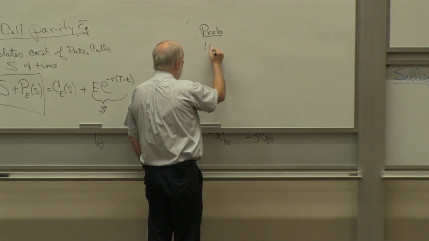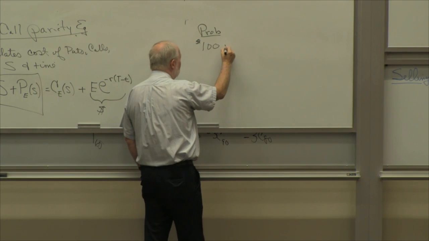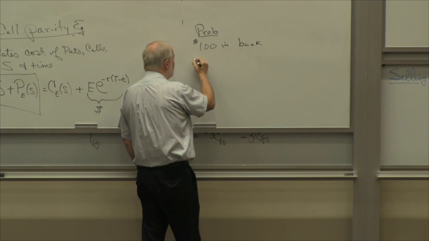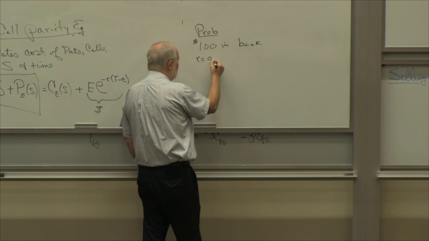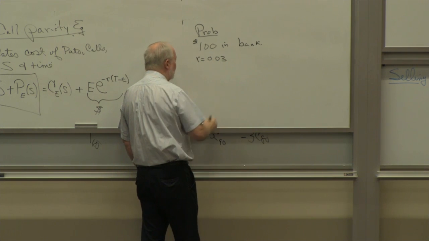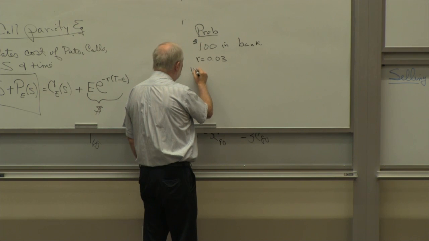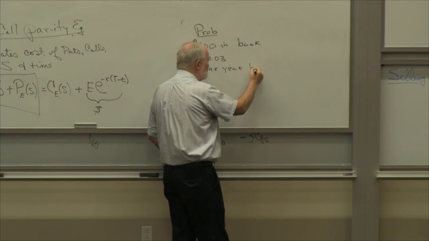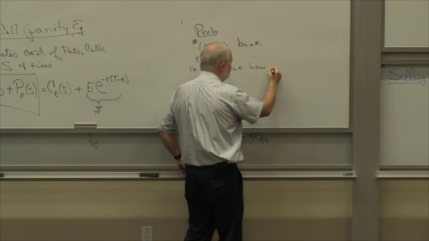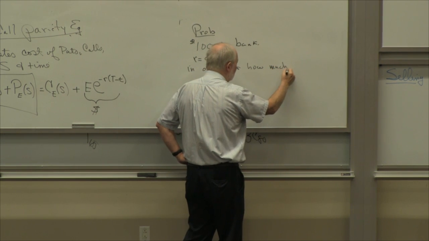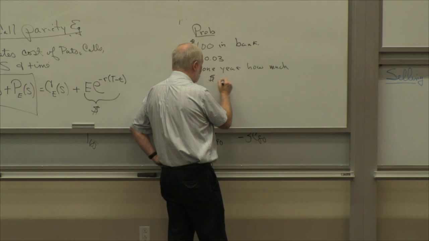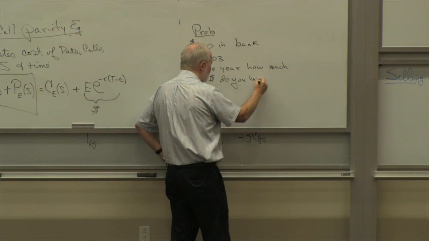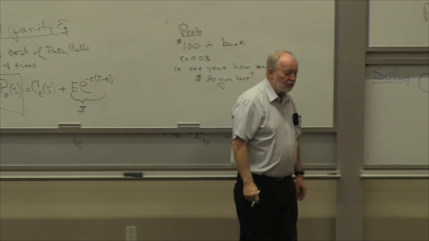Now, what you do is you had the problem. You have $100 in the bank. Interest rate is equal to 0.03. In 1 year, how much money do you have? Kindergarten 101.